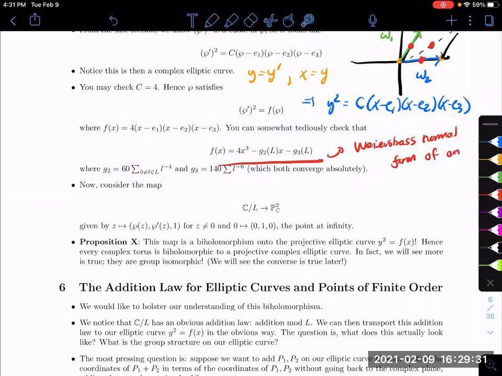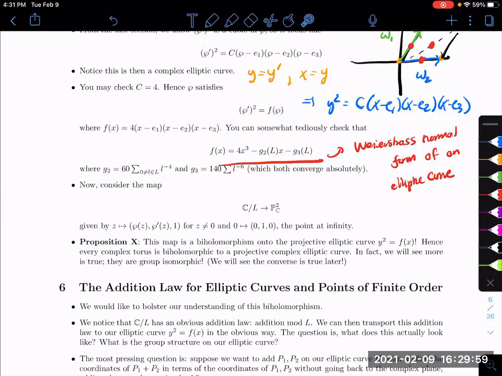But in the case you're working with complex elliptic curves like we are, this specific expression is called the Weierstrass normal form, where g2 and g3 are known. Okay. And any elliptic curve, like I told you guys last time, can be written in a similar form. So when an elliptic curve comes from a lattice, you can always write it like this.